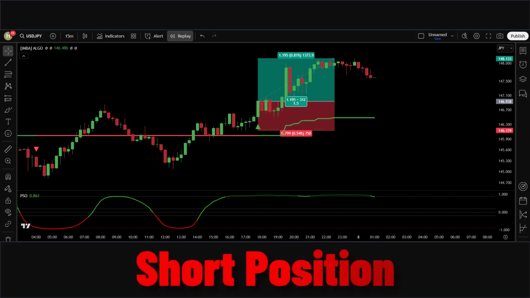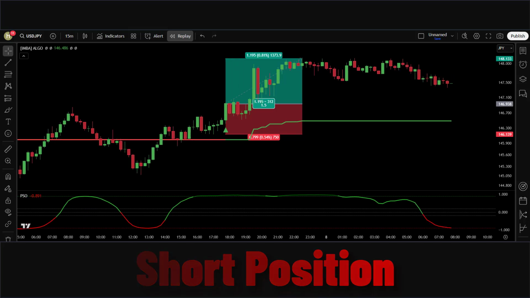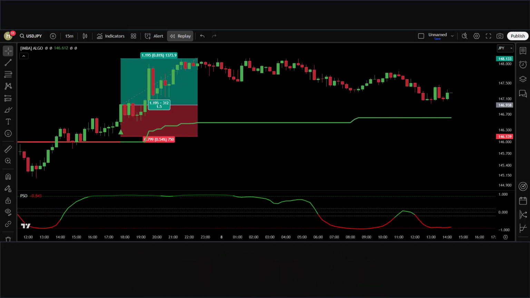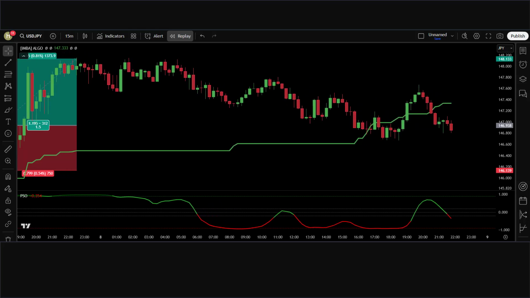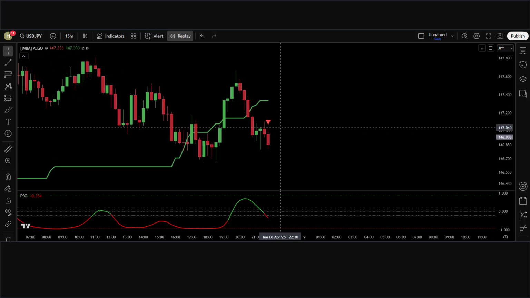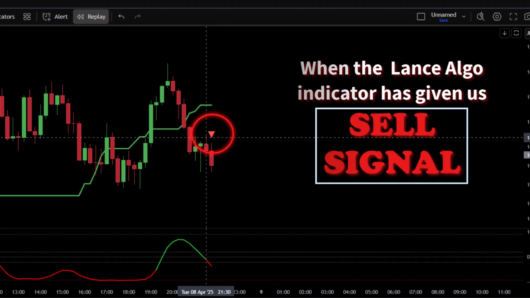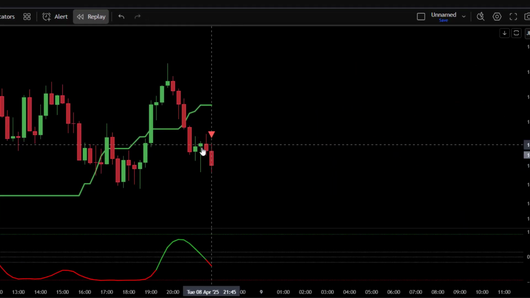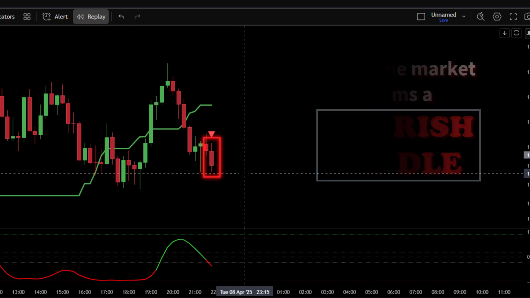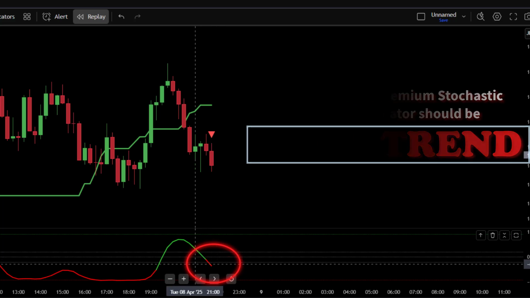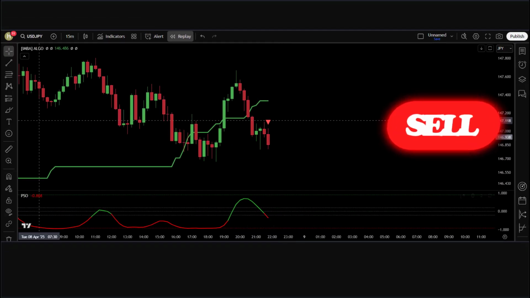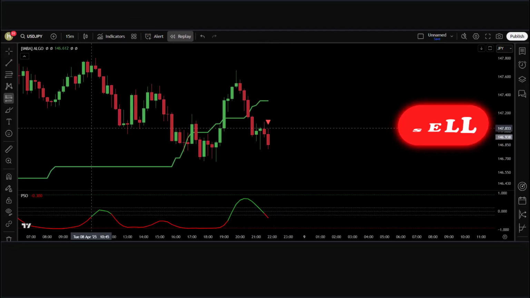Now let us understand the short position. When the Lance Algo indicator has given us a sell signal, when the market has formed a bearish candle, and when the line of the Premium Stochastic Oscillator indicator is in a downtrend, if these conditions are fulfilled, then we will place a sell order.